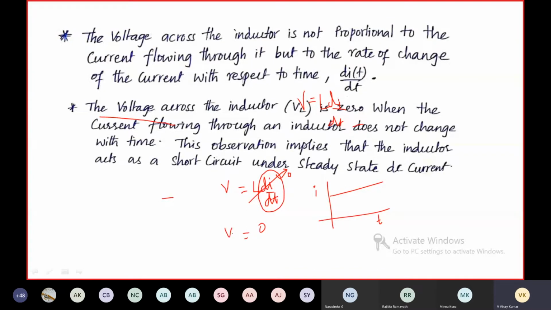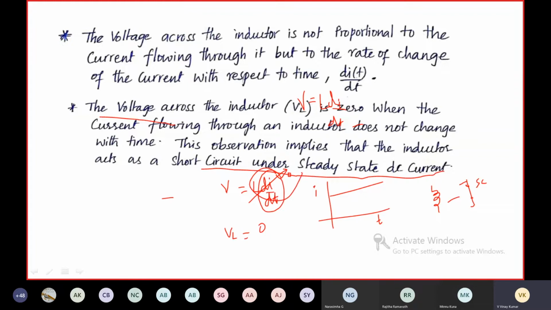If the voltage across the inductor is zero, the inductor acts as a short circuit. So you can make the statement like this: the inductor acts as a short circuit under steady state DC current.